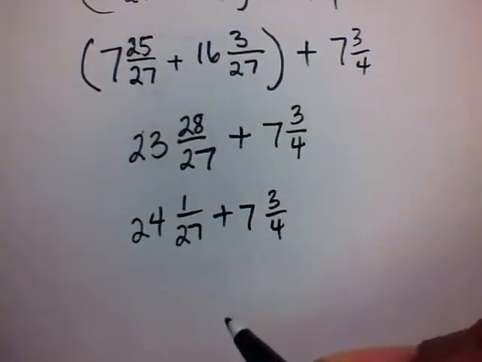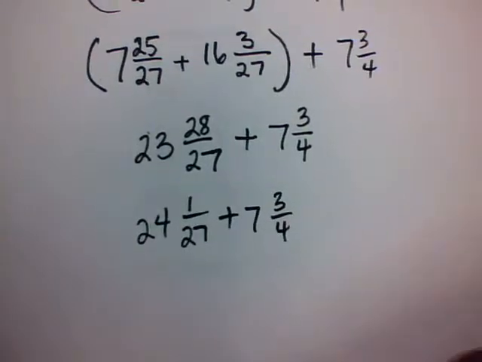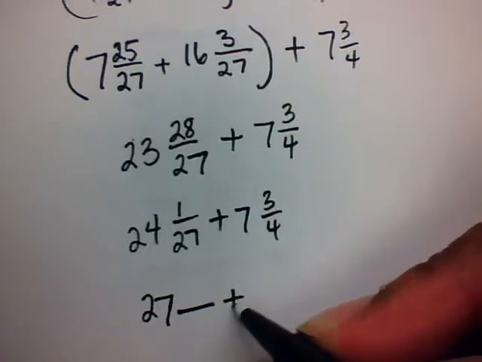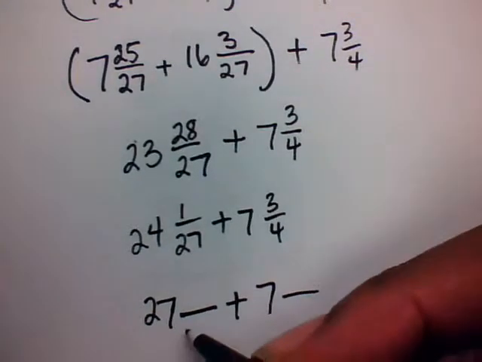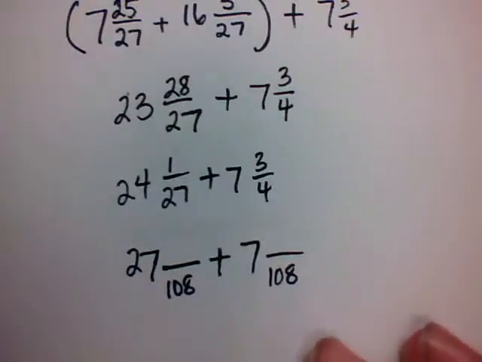Now we have to find the common denominator for 27 and 4. In this case, it will have to be 108.